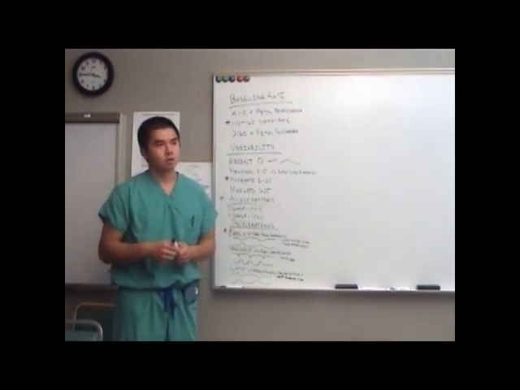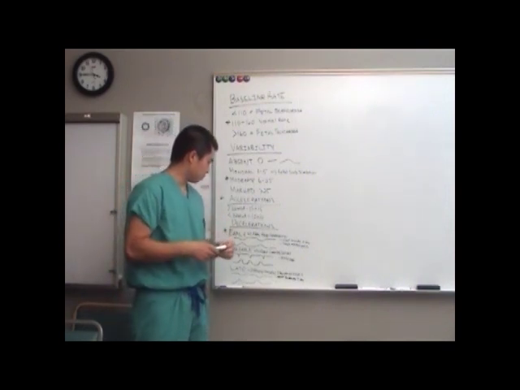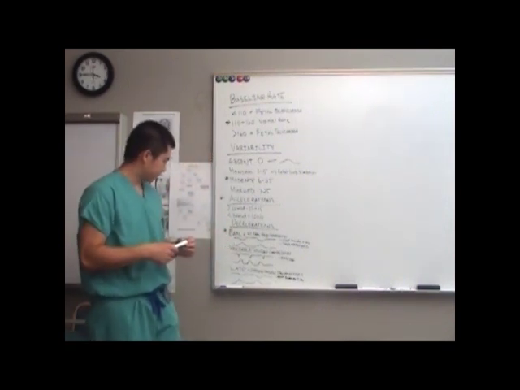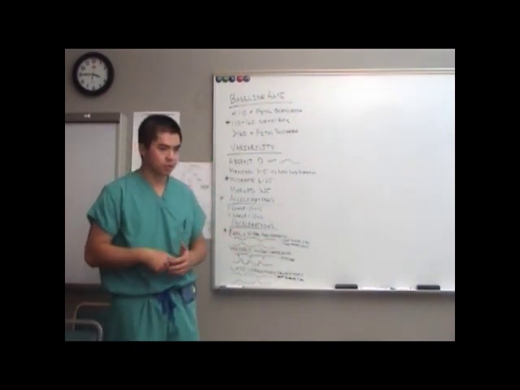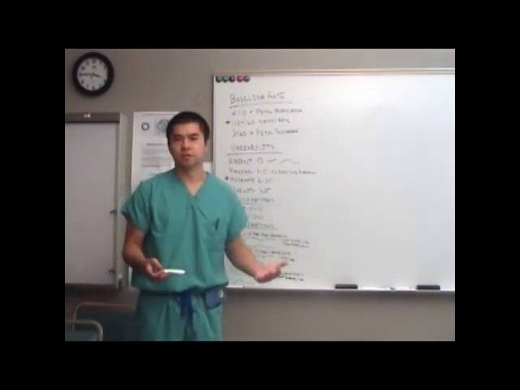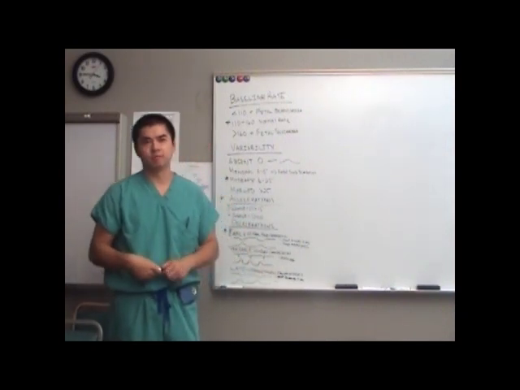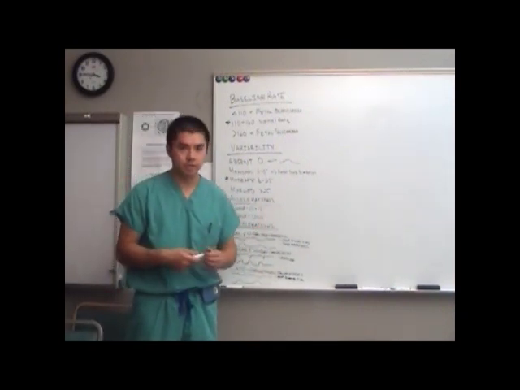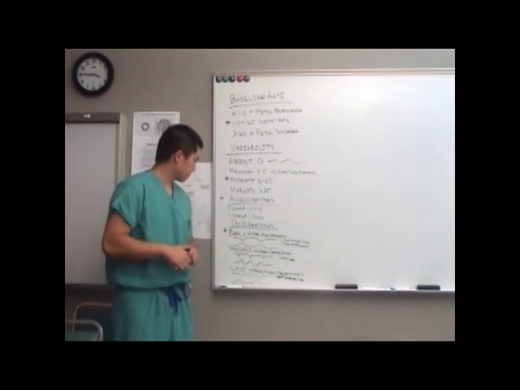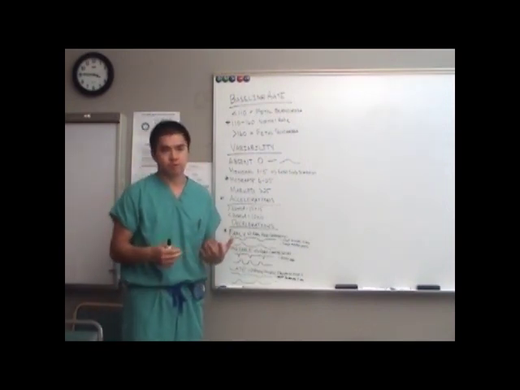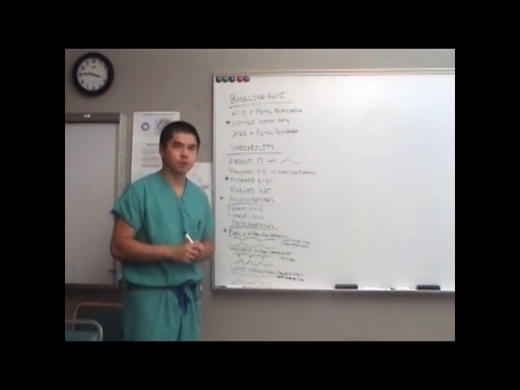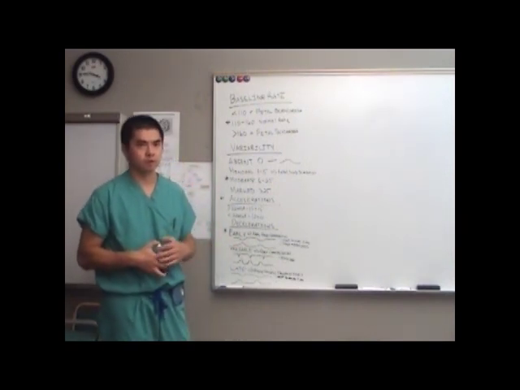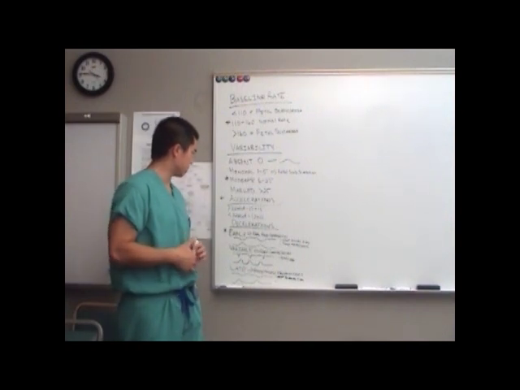You can say, well, there's a deceleration where it starts after the contraction, but it ends before the contraction ends. And you can let the attending interpret it however they want, but you're at least telling them exactly what you're seeing. Now, some of them may ask you to interpret it, and at that point, just make a decision. But sometimes it's better to err on the side of just being descriptive rather than giving your full interpretation of it.